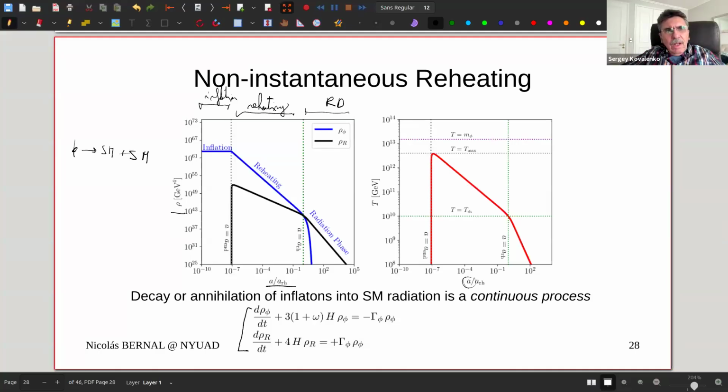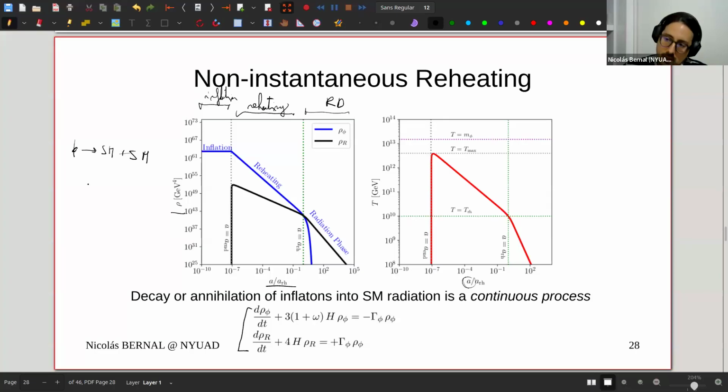Nicolás, one question. Please remind me, what is the coupling of the inflaton with the standard model sector? So yes, we have no clue. We could imagine that the inflaton decays perturbatively, but that's always an assumption.